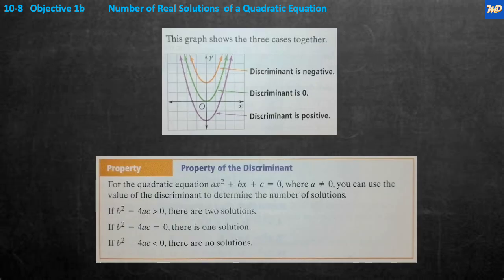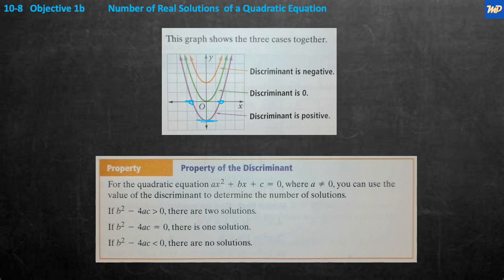Okay, so again, for slide B, we just see some pictures here. The graph is showing the three cases together. So you can see if the discriminant is positive, you're going to have two solutions right here, one of them right here, one of them right here. And you can see that the vertex is below the x-axis.